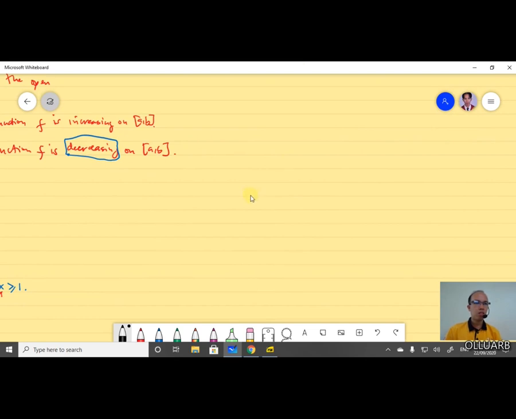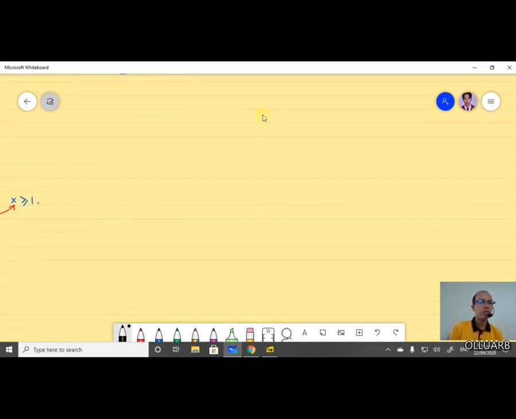For this example, 1 up to positive infinity, you will notice here that the continuity part and the positive value part are very easy to comply.